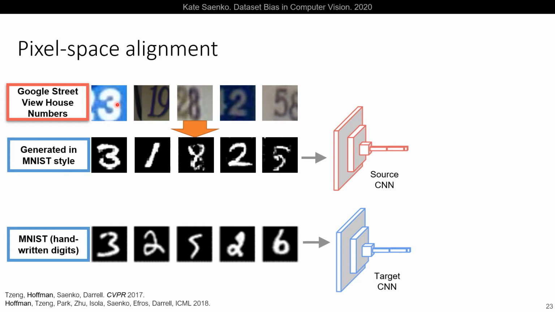So here we're going to use it to generate our training data to look like the MNIST style, right? So we want it to look like it came from the target domain. And you can see that it actually does look a lot like MNIST digits. Maybe they're more noisy in some of the cases, but the important thing is that here we want to preserve the category.